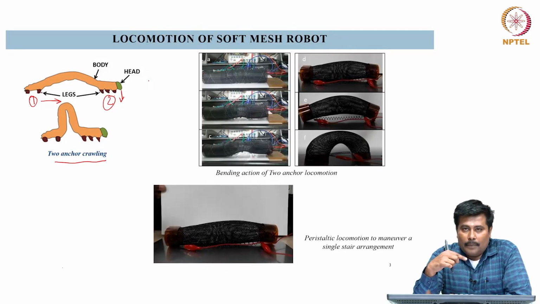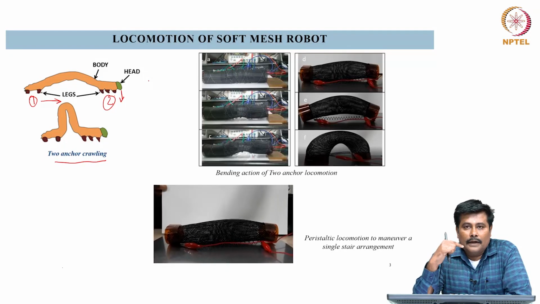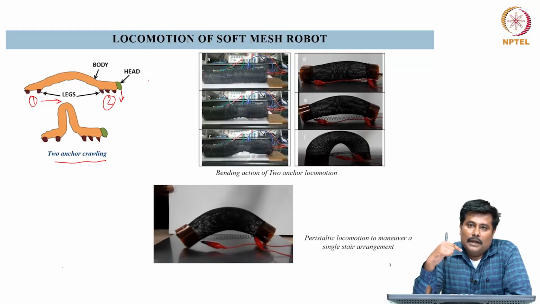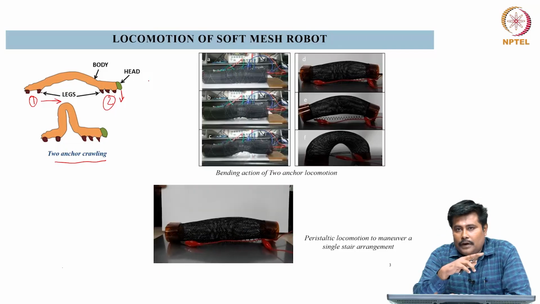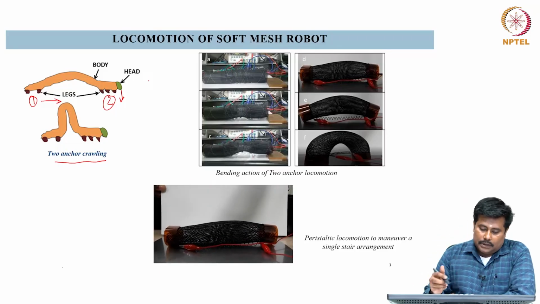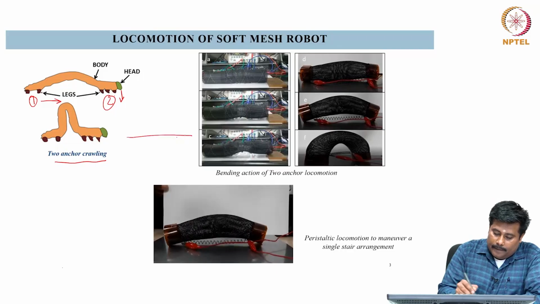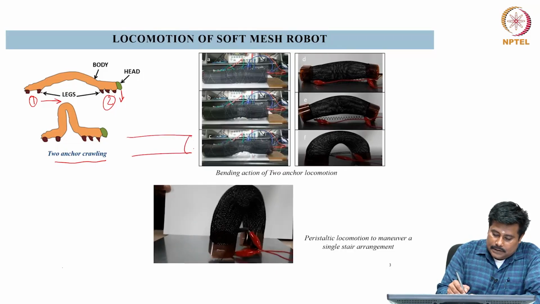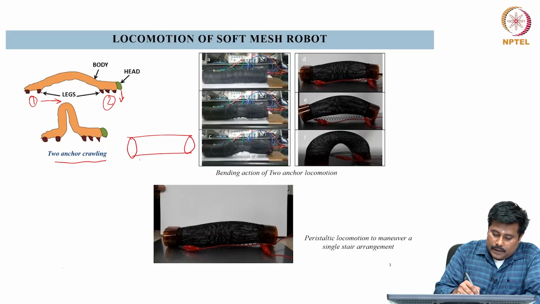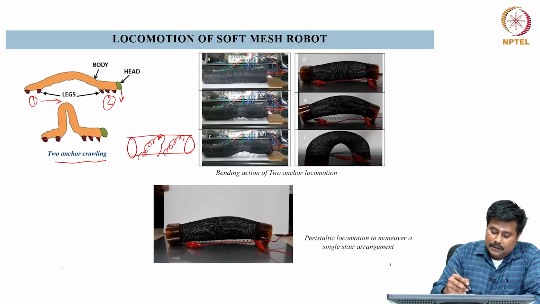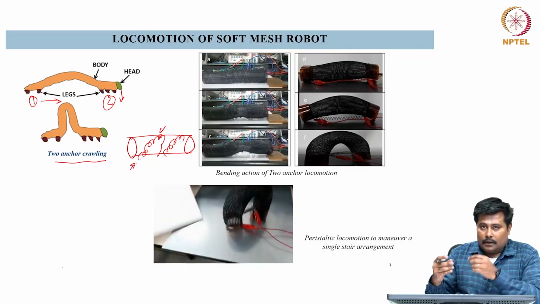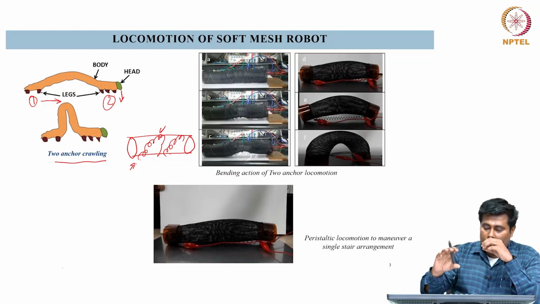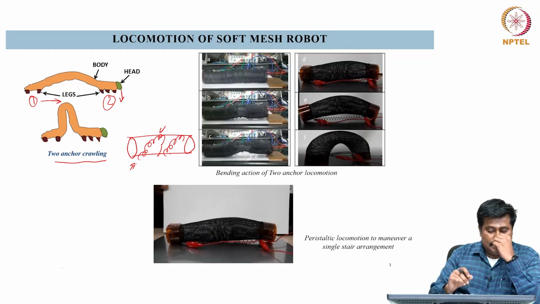While programming our shape memory alloy and integrating it in these PLA structures, we could establish two different types of locomotion. One is something like this: if there is a structure over here and we wind a shape memory alloy in it, then by actuating the shape memory alloy appropriately, there will be a diametrical increase and decrease in the structure.